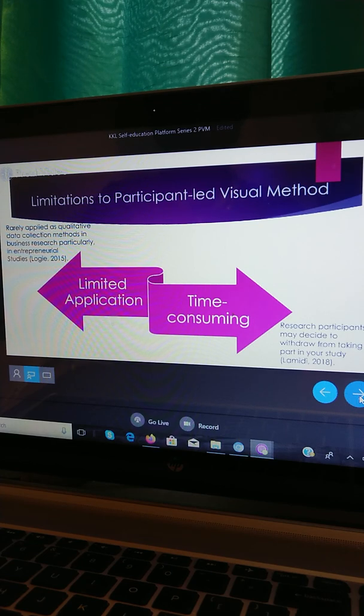Some of your participants may decide, because you are asking them to undertake extra tasks aside from the interview session that they voluntarily took part in, to see it as another job and to withdraw. They may likely withdraw from taking part in your whole study. So be prepared. Even though you have a gap to fulfill, you still have to consider the time factor as well.